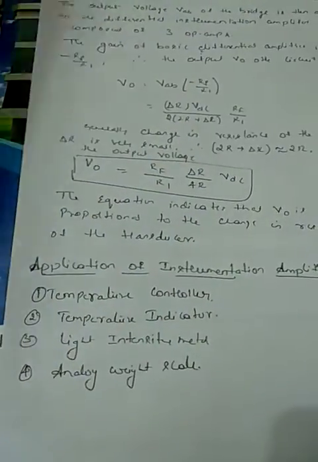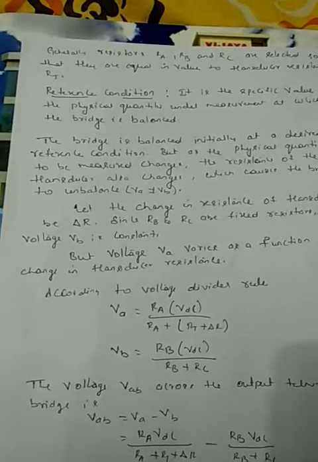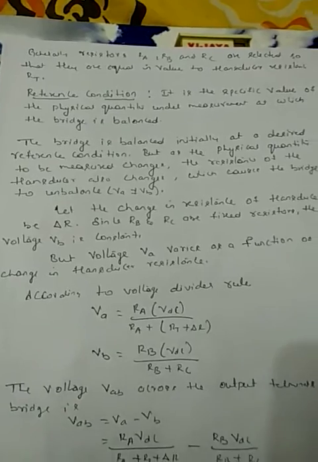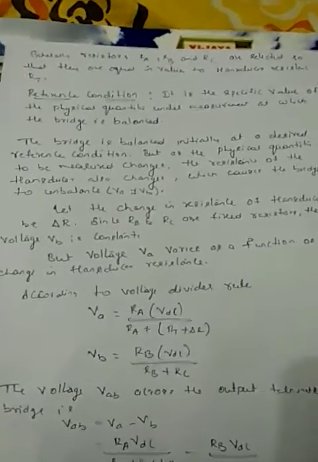Generally the resistances RA, RB and RC are selected such that they are equal to the transducer resistance RT, at the reference condition.